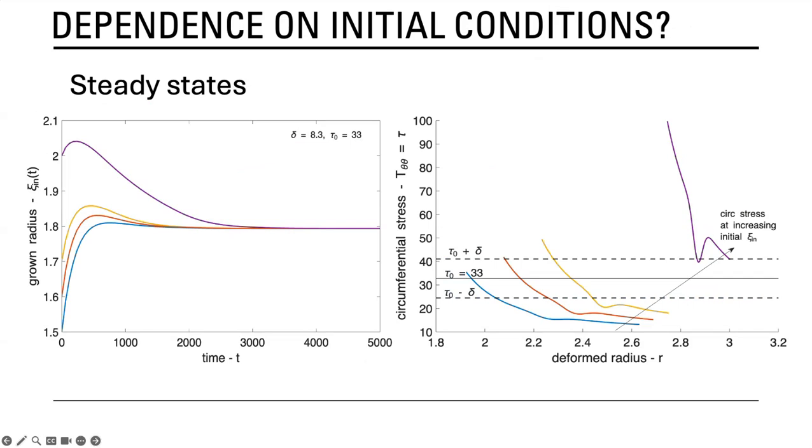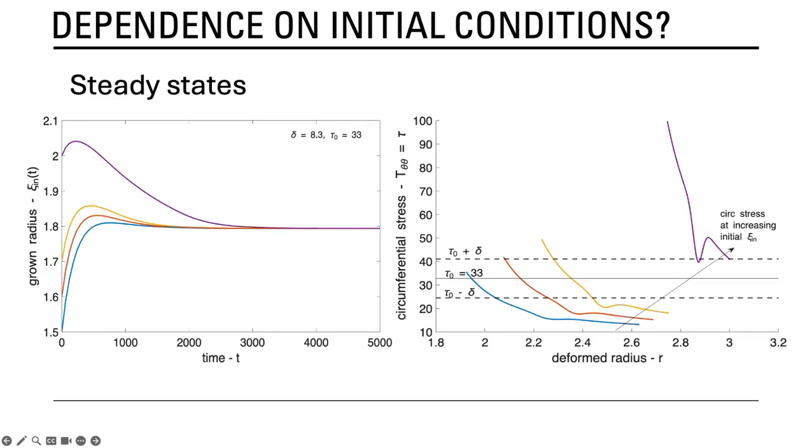And if I now take one of those steady states and just look at dependence on the initial conditions, so here I've just taken one of the cases where it definitely goes to some steady state and then just varied the initial radius, then again, we see that they all go to the same steady state.